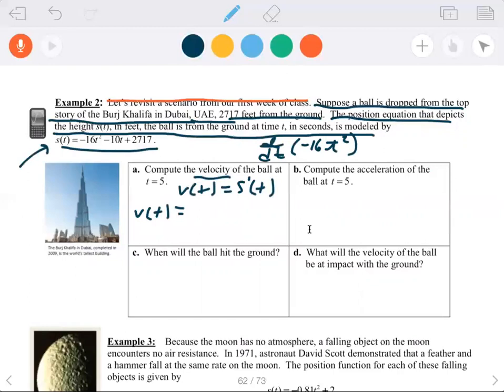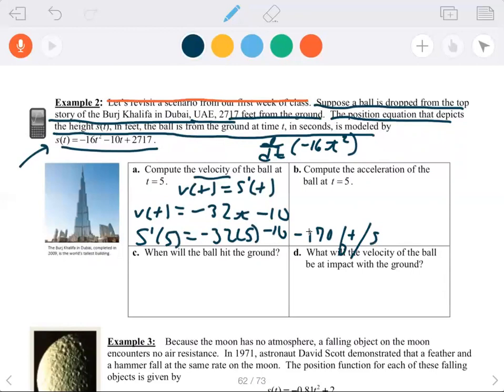So it would be negative 32t minus 10. That's the first derivative, okay? So first derivative, negative 32t minus 10. And it said to find s prime of 5. So I do negative 32 times 5 minus 10, and I get negative 170, and this would be in feet per second.